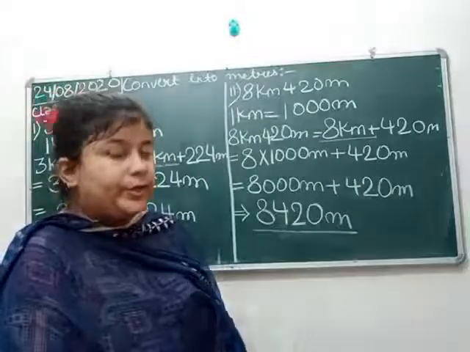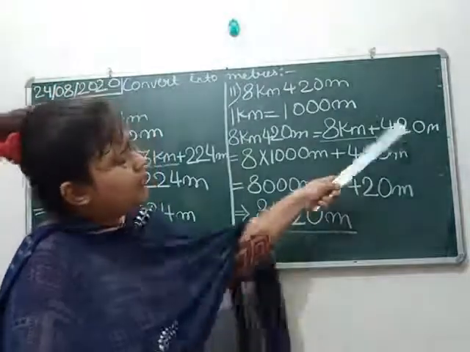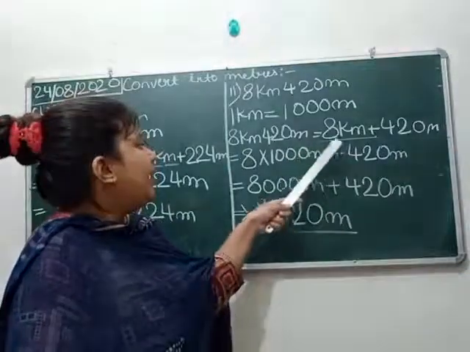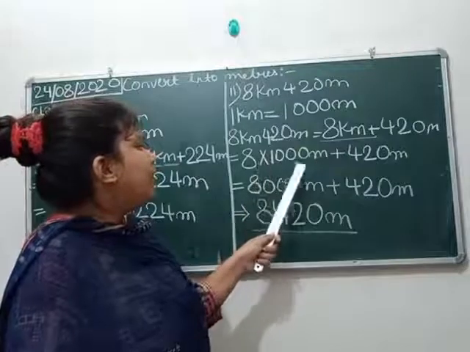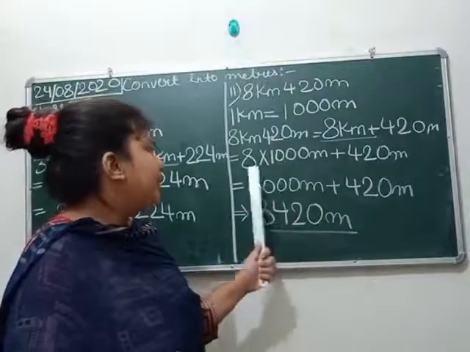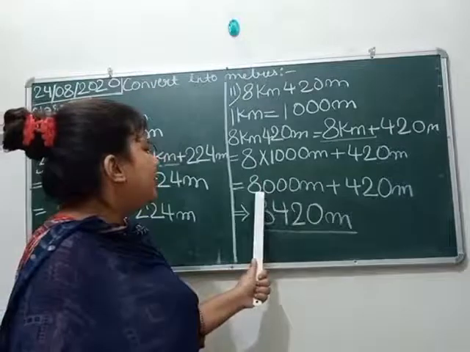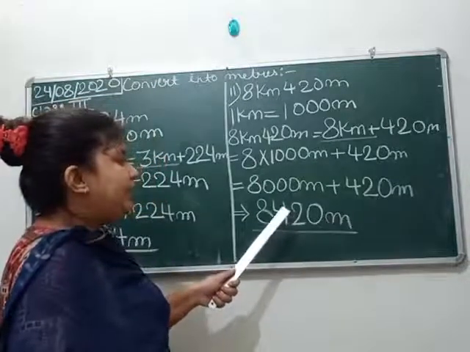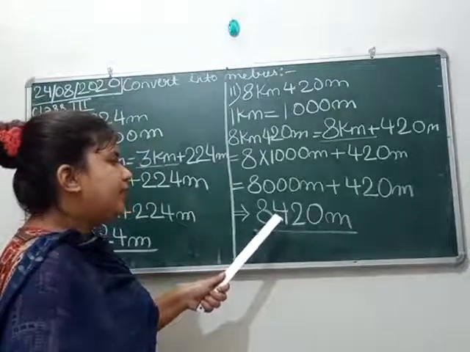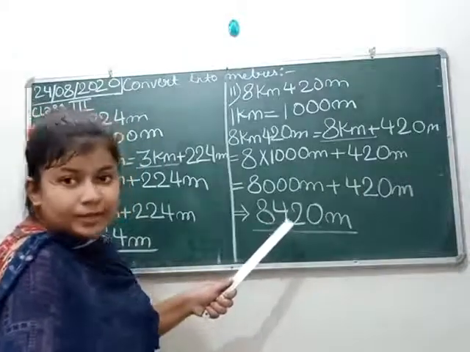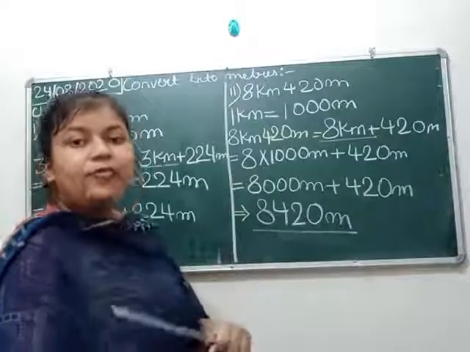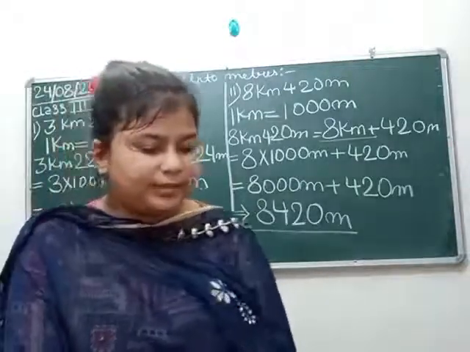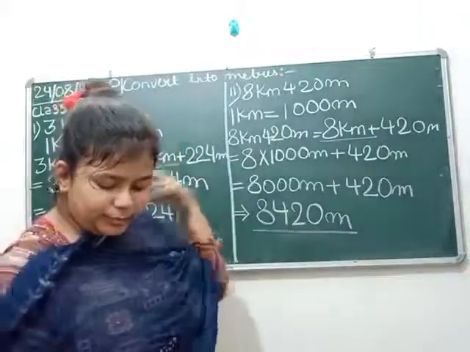We are not converting 420 meter because this number is already given in meter. Now 8 kilometer equals 8 into 1000 meter plus 420 meter. 8 into 1000 is 8000 meter plus 420 meter, and together they will form 8420 meters. Okay, great. Now let us move to the next question.